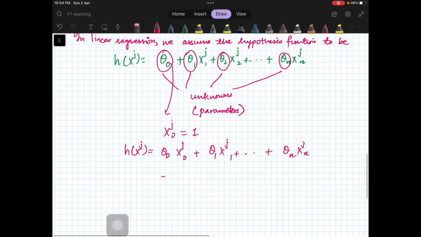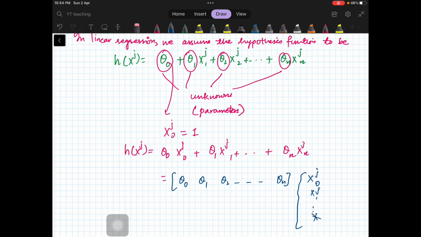Now I can write it as xj naught, or we can write the theta vector first. So I can write it as theta naught, theta 1, theta 2, theta n, and then you have this column vector here, xj naught, xj1, xjn.